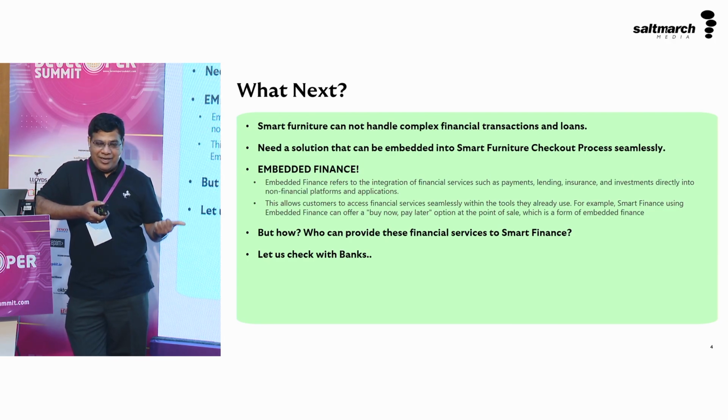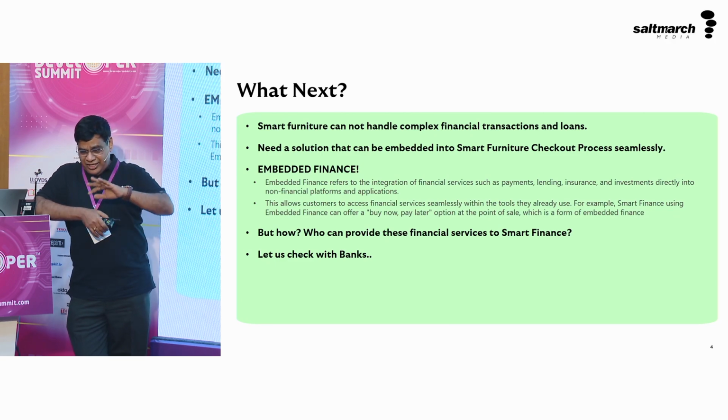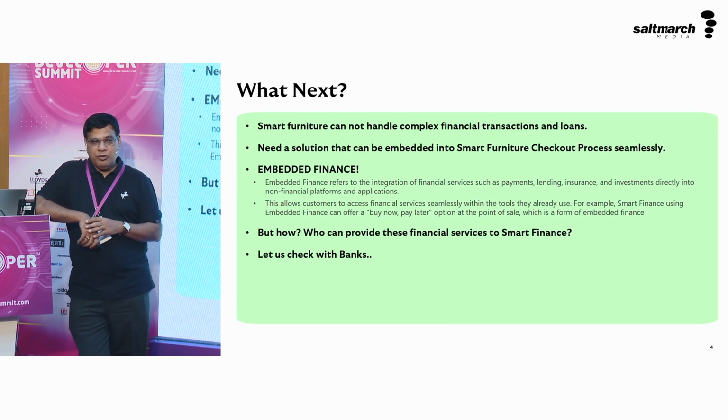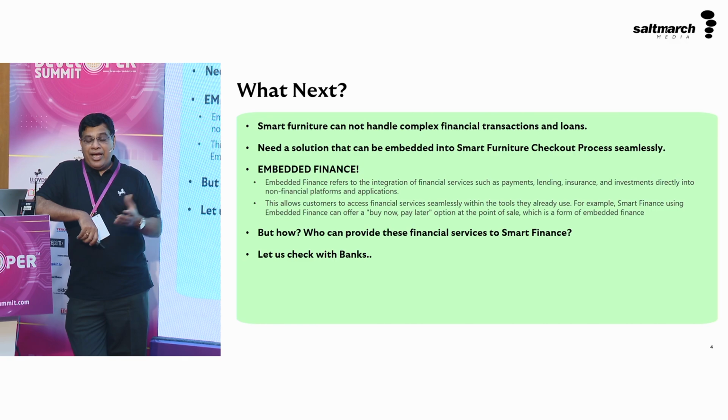Number one. Number two, flip the coin to the other side. Banks know some of the financial transactions that you have done before. For example, banks know you have bought a home. Banks know you have bought a car. That means you need either furniture for your home or accessories for your car, etc. Banks know that.